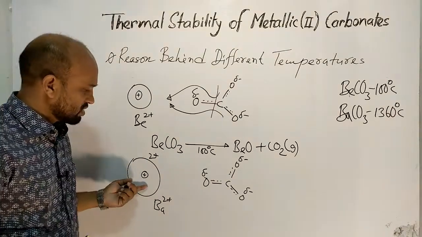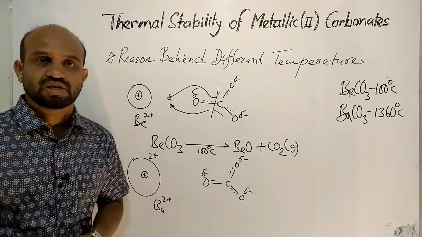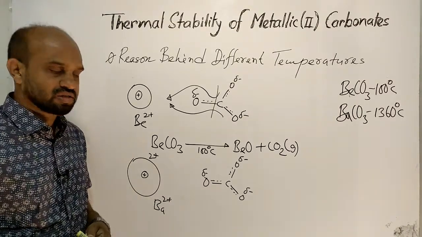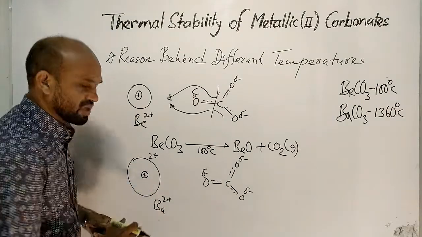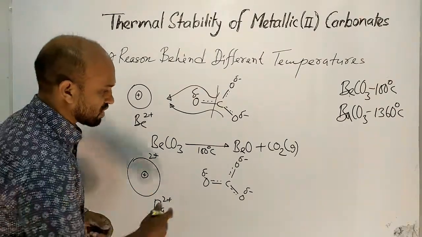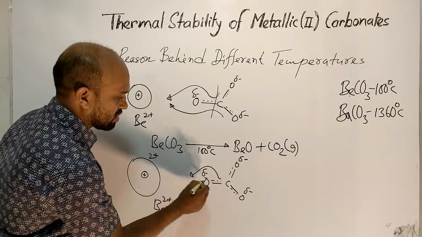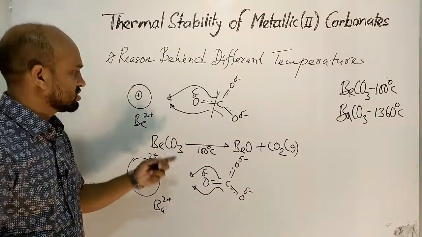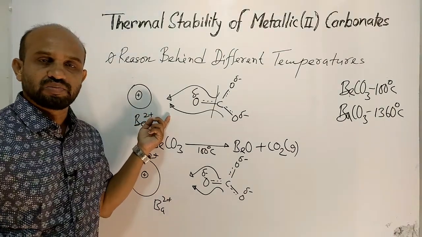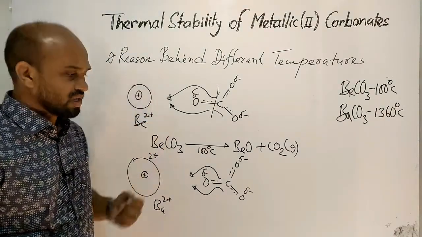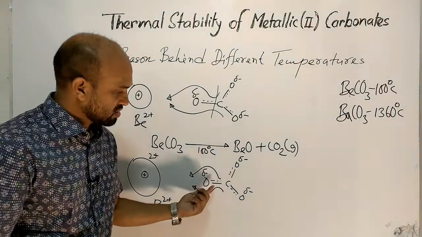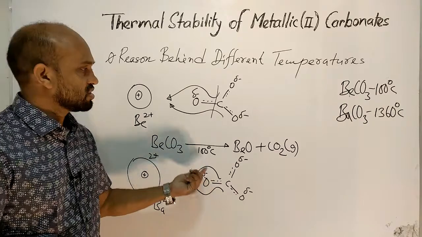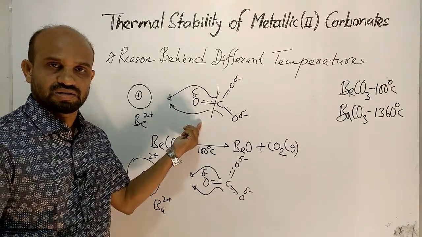That means in barium 2 plus charge density is comparatively low, and for this reason this barium 2 plus cannot polarize this carbonate ion as much as what happens in case of beryllium carbonate, and that is why this bond doesn't become weaker like this case.